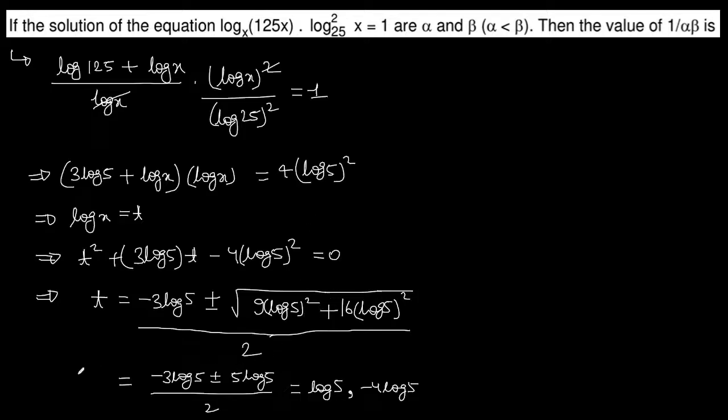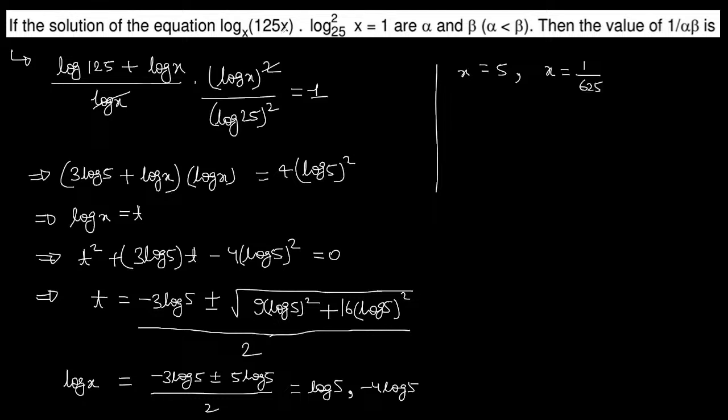So what will happen? t is nothing but log x. So if you put log x equal to minus 4 log 5, x is equal to 1 by 625.